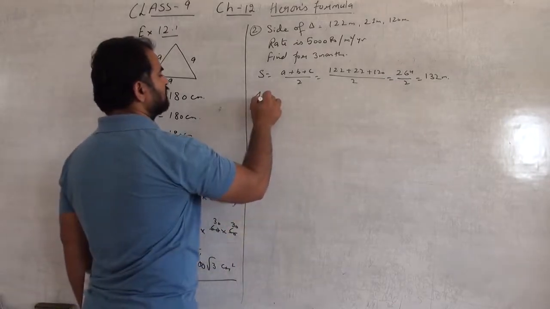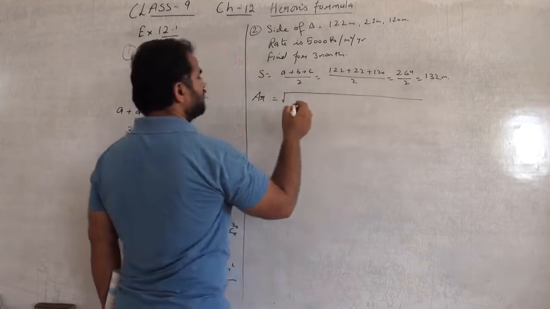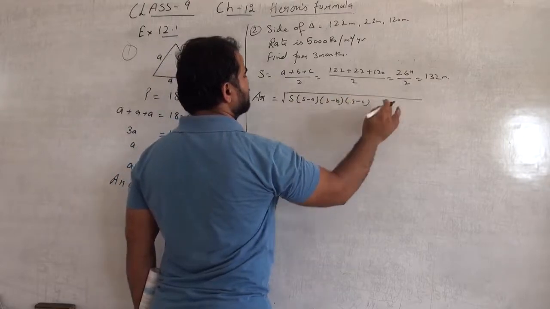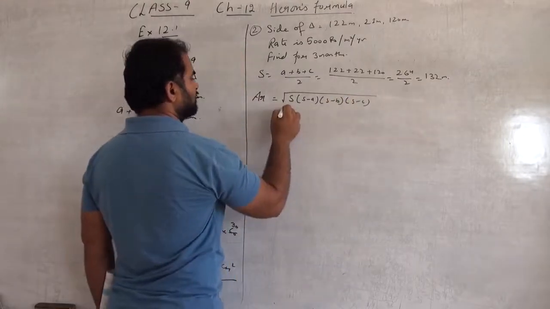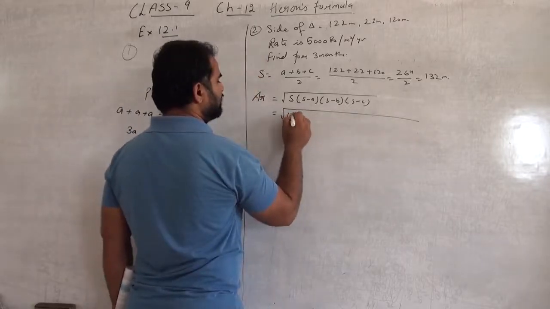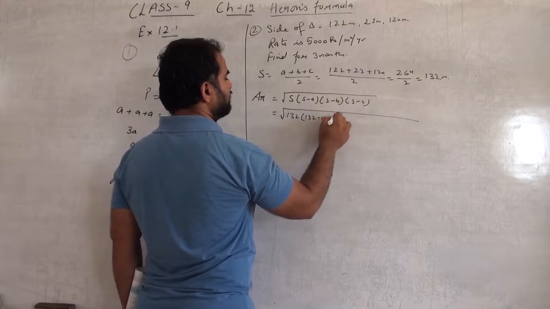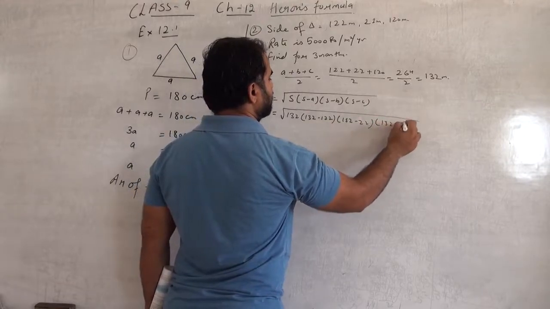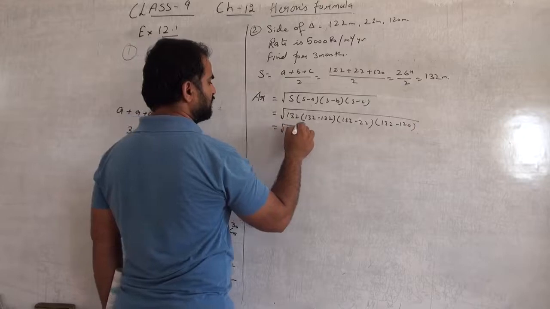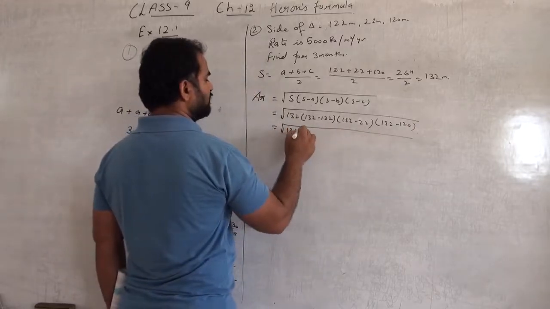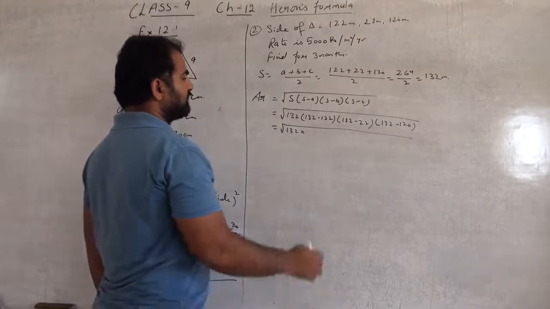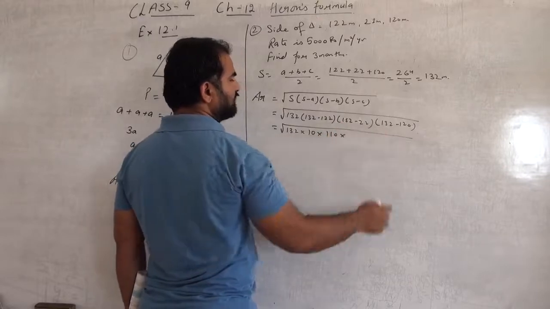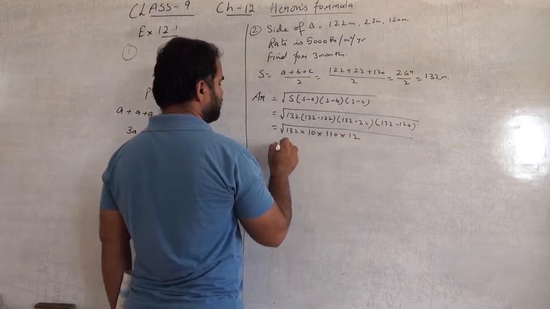So area equals root S minus A, S minus B, S minus C, equals root 132 into 132 minus 122, 132 minus 22 and 132 minus 120, equals root 132 multiplied by 10, multiplied by 110, multiplied by 12.